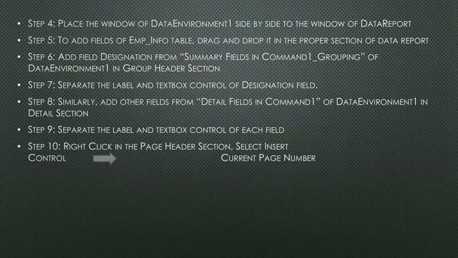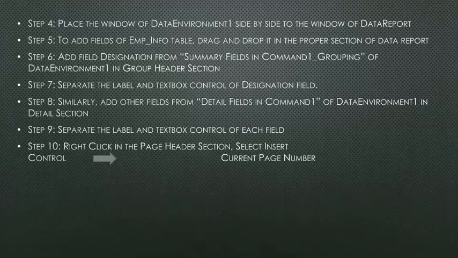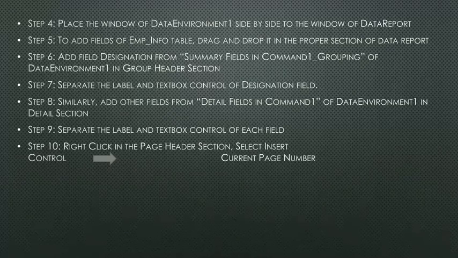Step 4 is to place the window of data environment 1 side by side with the window of the data report. Fifth step is to add the fields of the EMP info table, drag and drop them to the proper section of the data report. Sixth step is to add the field designation from summary fields in command 1 grouping of data environment 1 in the group header section.